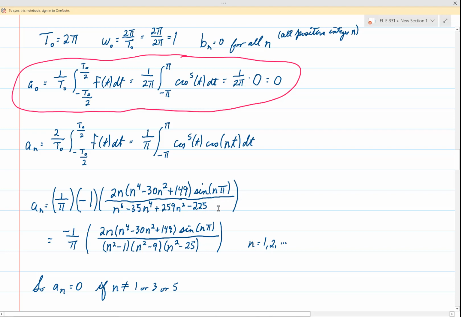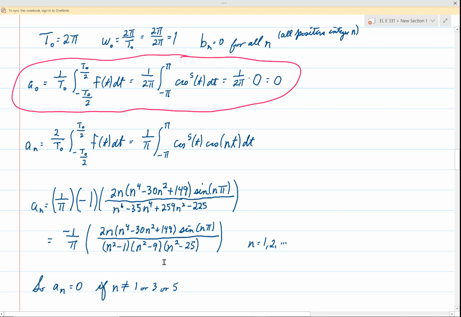And if you guess that, you will find out that you would be correct. In fact, this polynomial in the bottom can be written as n squared minus 1 times n squared minus 9 times n squared minus 25. So the 6 roots are plus or minus 1, plus or minus 3, and plus or minus 5.